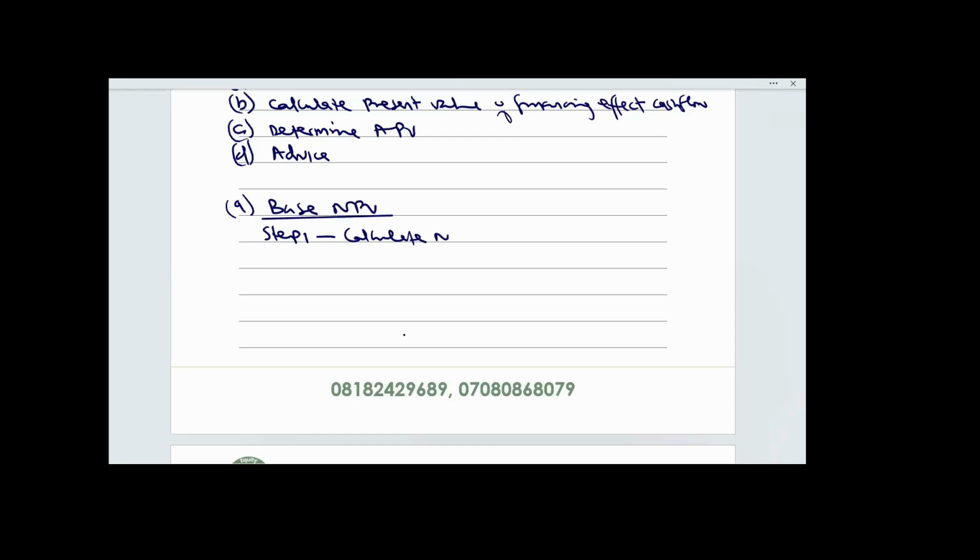Calculate net cash flows. Let me write it out in full.